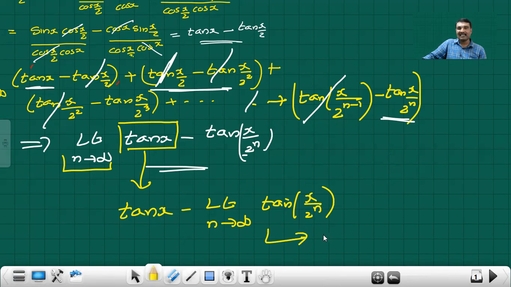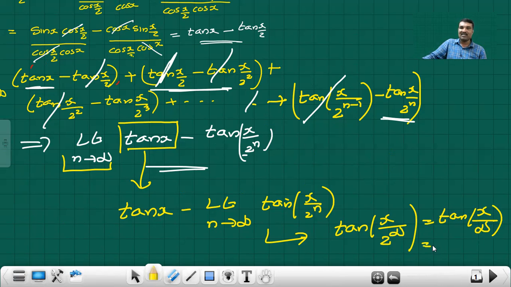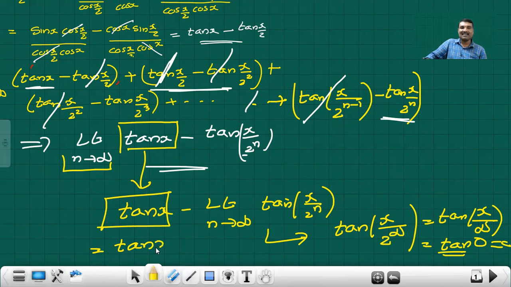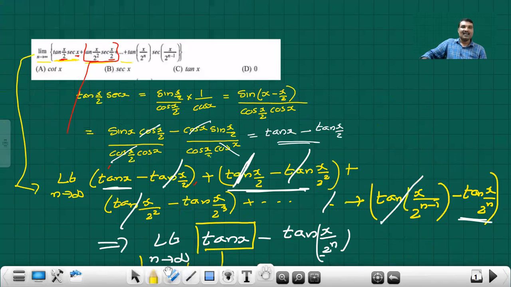So this is equal to tan x by 2 raised to infinity, which is equal to tan 0, and the value of tan 0 is 0. So the remaining term is only tan x. So this is our correct option. Our correct option is C.